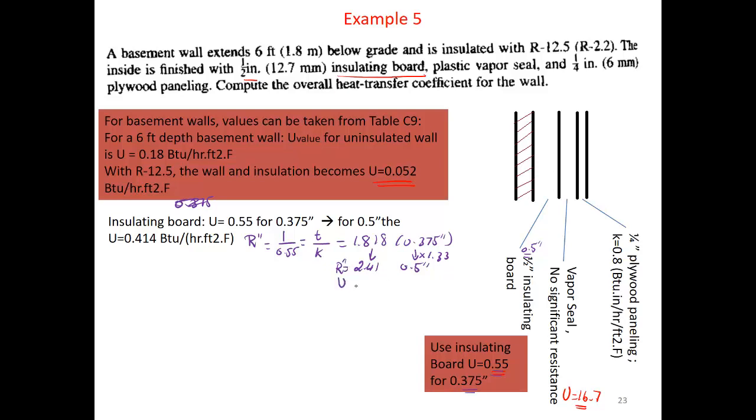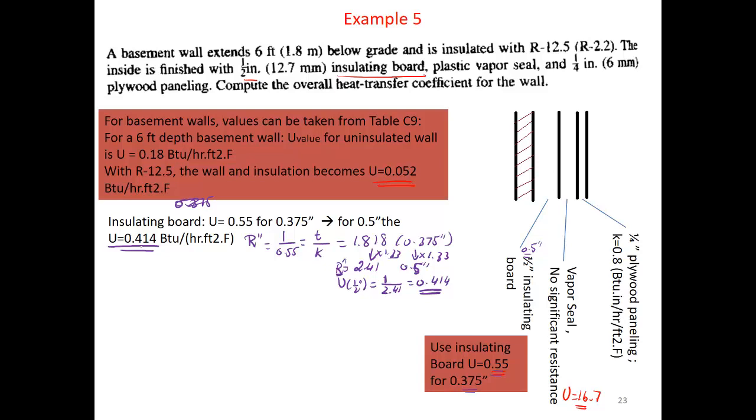So the U value for half inch would be 1/2.41, so you'll get 0.414. That's because T and R, as I've mentioned, are directly proportional. Now we increased the thickness from 0.375 to half inch, so you multiply by the same factor to get your new thermal resistance, and then you take the inverse to get your new U value.